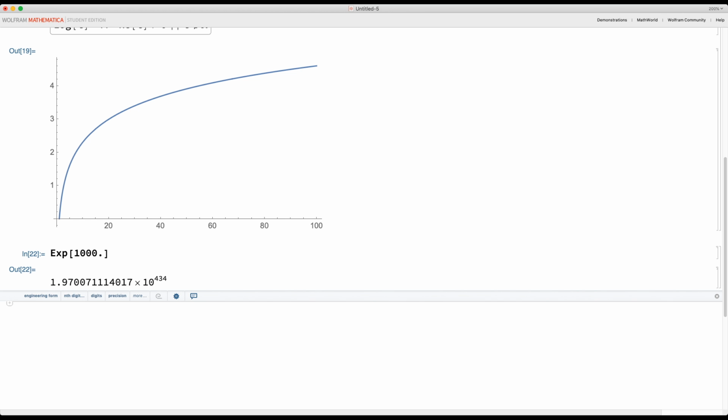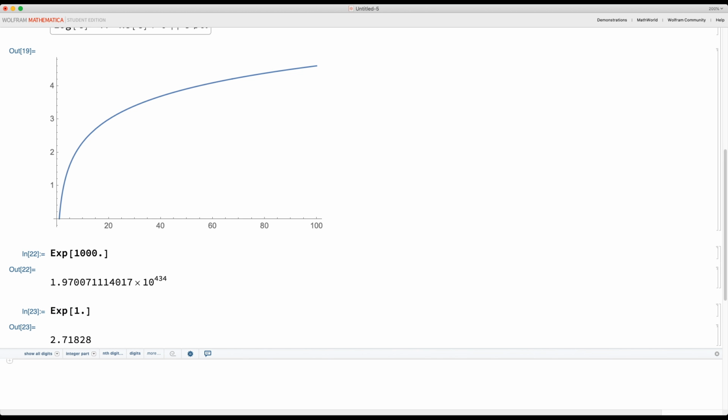Okay, 2.7 something, 2.71. Well, here I'll just show you. Because Mathematica is amazing. No, I'm running it natively.